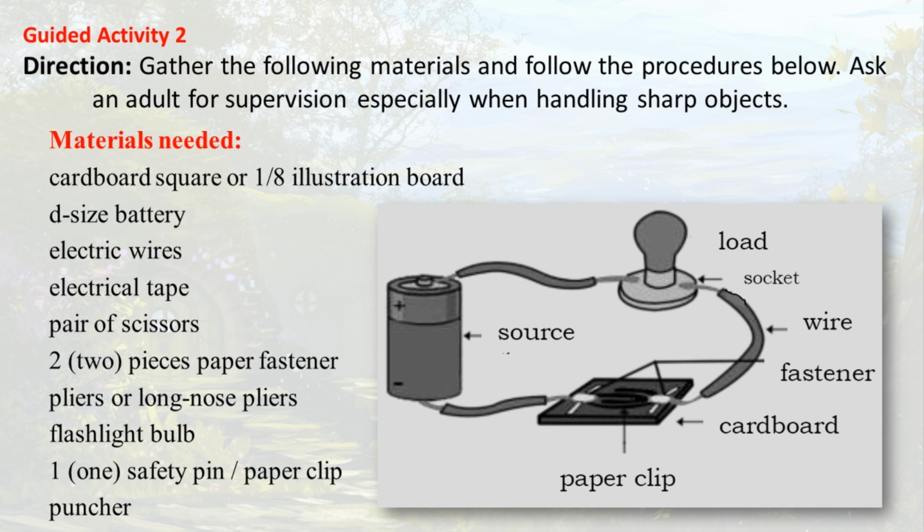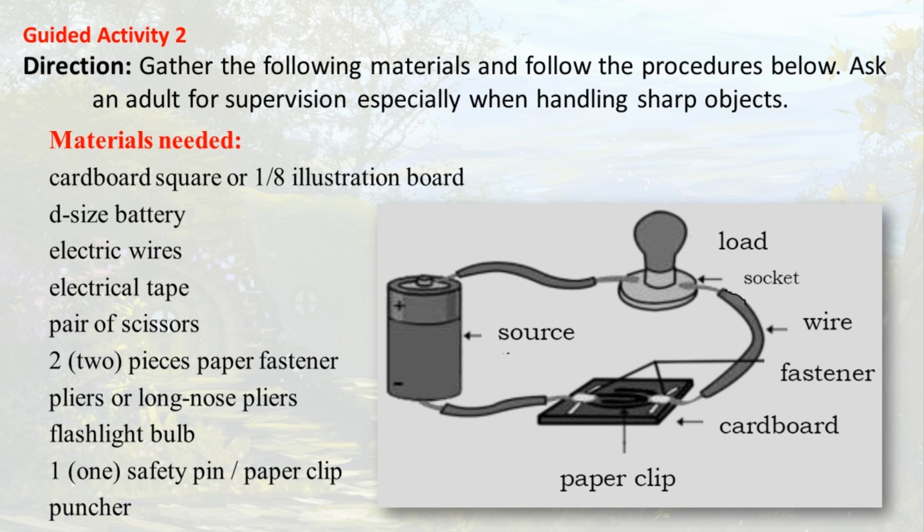Guided Activity 2. Direction: Gather the following materials and follow the procedures below. Ask an adult for supervision, especially when handling sharp objects. Safety tips. Observe safety procedures throughout the activity. Handle the light bulbs gently, as broken bulbs can produce serious cuts. Do the activity with the supervision of your parent or guardian.